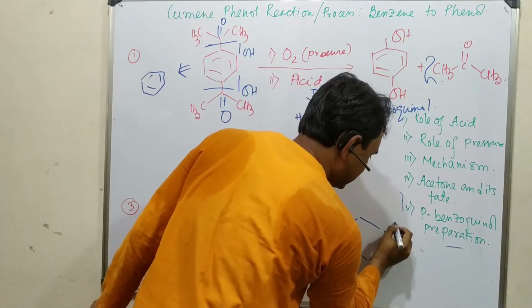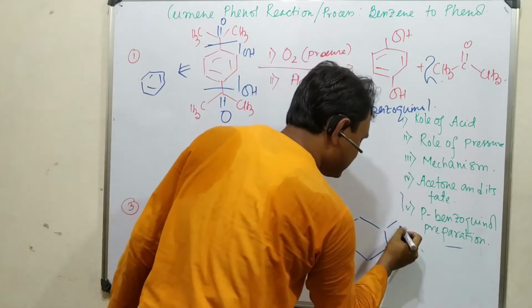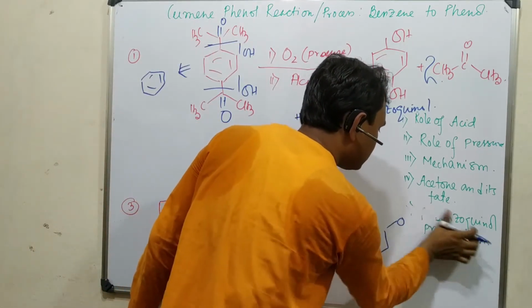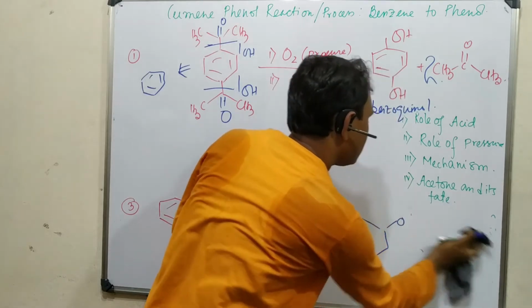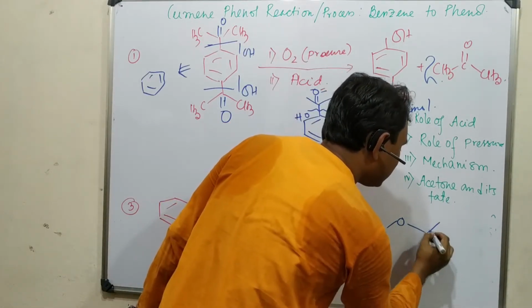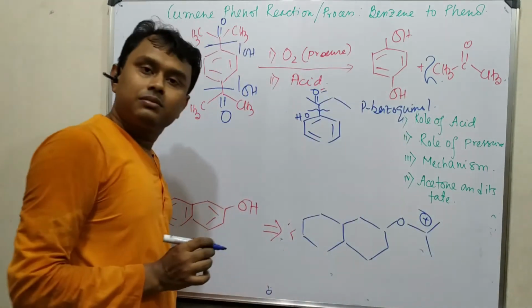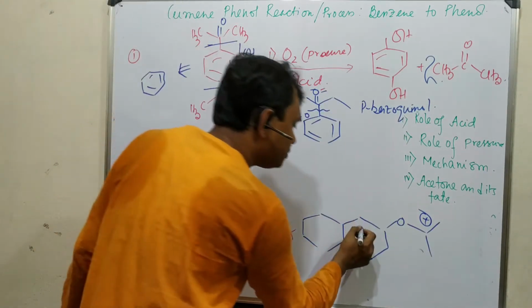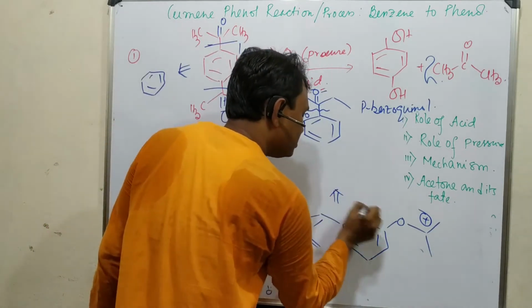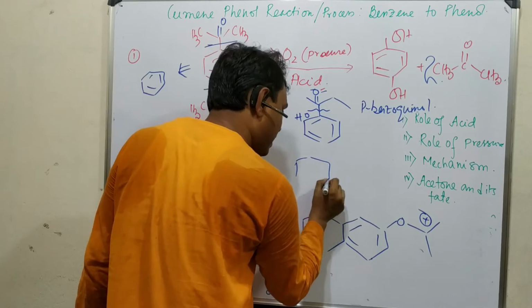Here you can think that this will be prepared. This is oxygen, and another thing, this is carbocation. Fine. How could it be prepared? It could be prepared from the corresponding, means after rearrangement. So I am going in the backward direction.